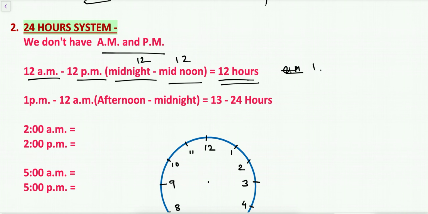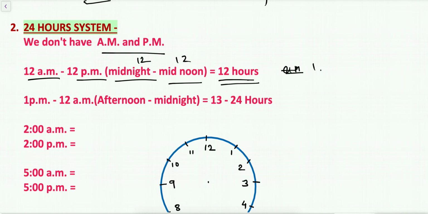So 360 plus 25 is equal to 385 minutes. So 6 hours 25 minutes is converted to 385 minutes.